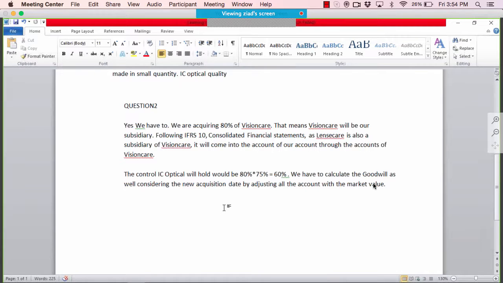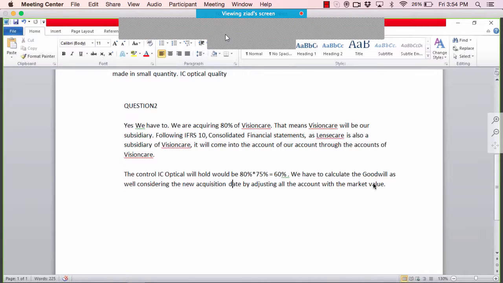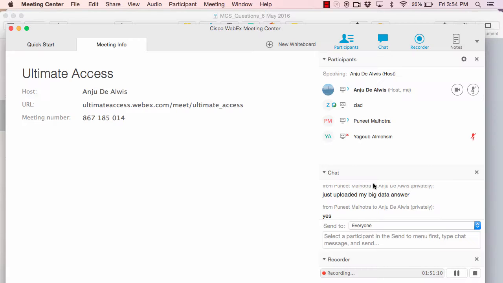Correct, right? So in this case, they're acquiring Vision Care, and that's an 80% acquisition. So obviously, they have controlling interest, right? And then Vision Care themselves have got Lens Care, and Vision Care owns 75% of Lens Care.